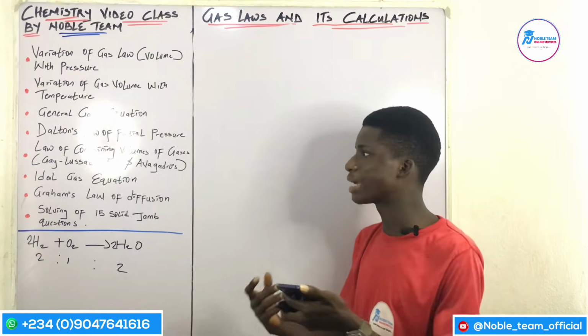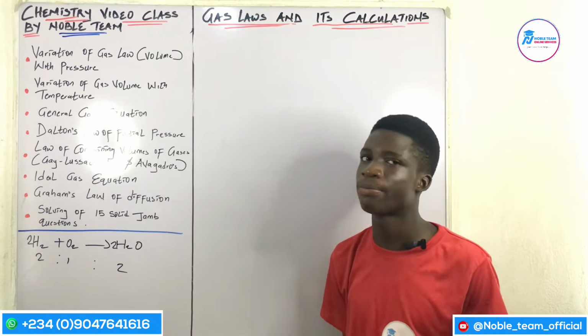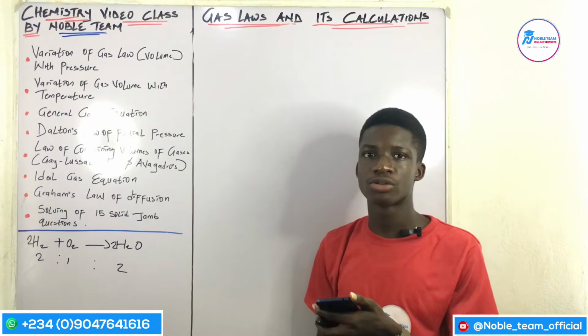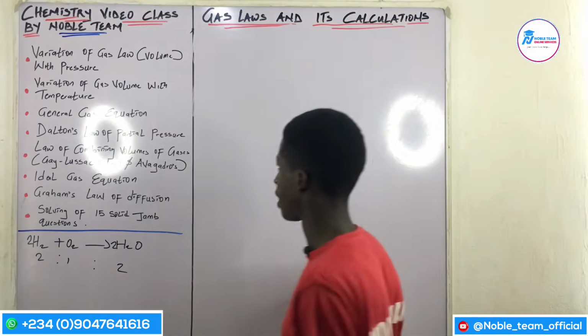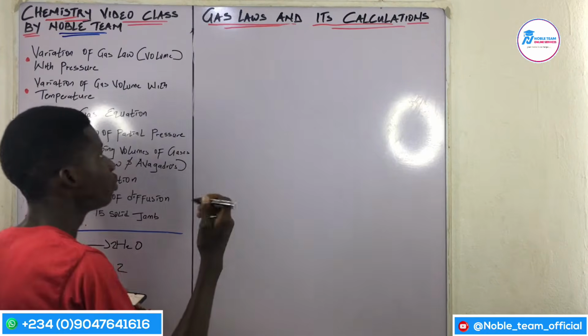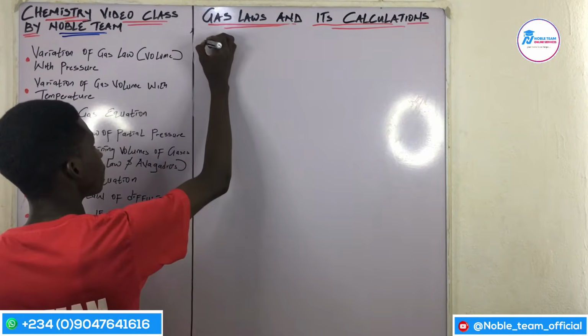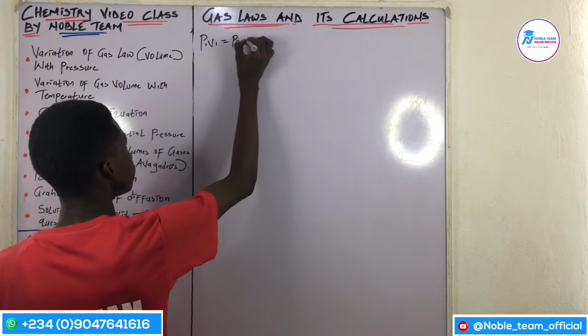Once they say at the same temperature, at constant temperature, they are simply talking about Boyle's law. So you don't need to bother yourself. Just recall the formula for Boyle's law, which is P1 V1 is equal to P2 V2.